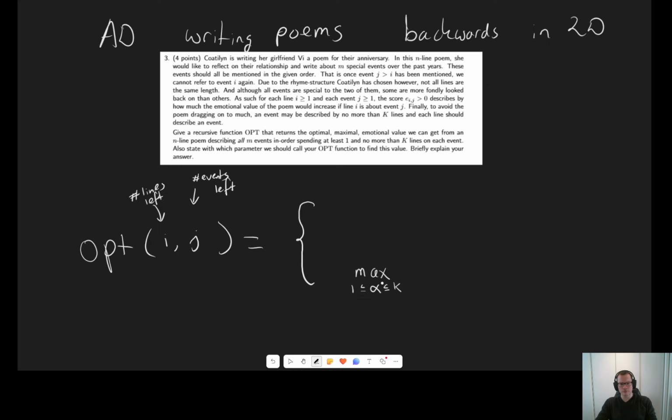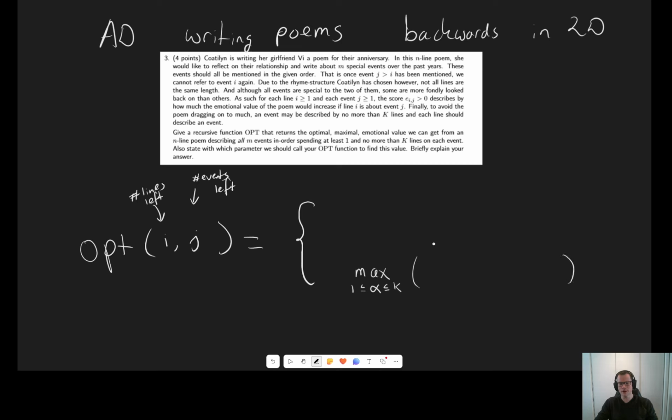And now, what happens when I have 100 lines and 50 events? I want to see how many lines between 1 and k I want to spend on this last event, on event number 50, event number j, I suppose. Well, I have every choice between 1 and k. All of them are an option. But what happens when I pick a certain number?